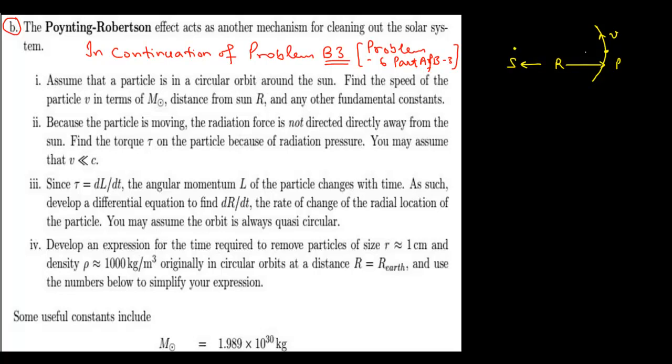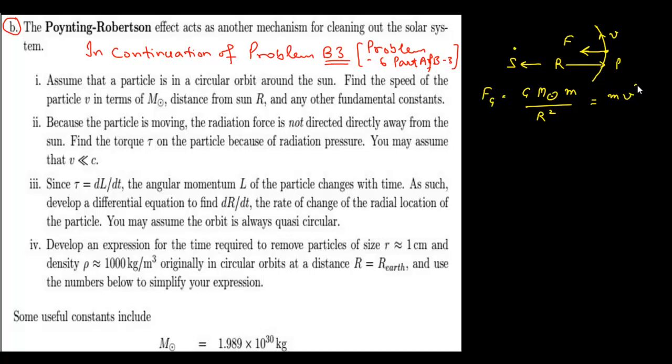So at any instant of time, the gravitational force that is acting on the particle is given by this Fg. Clear? So this is G, mass of the sun, mass of the particle, divided by r square, and this force is responsible for the particle to move in the circle, means this force is acting as a centripetal force.